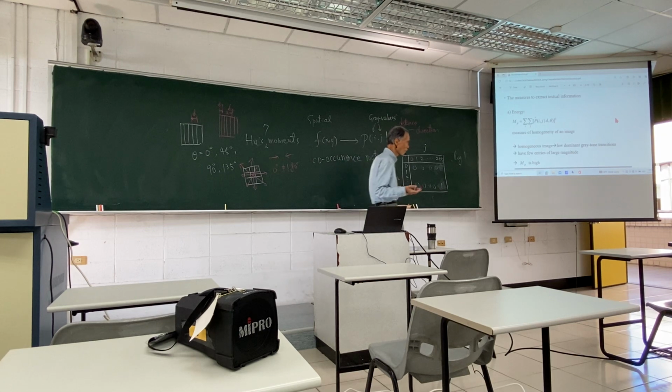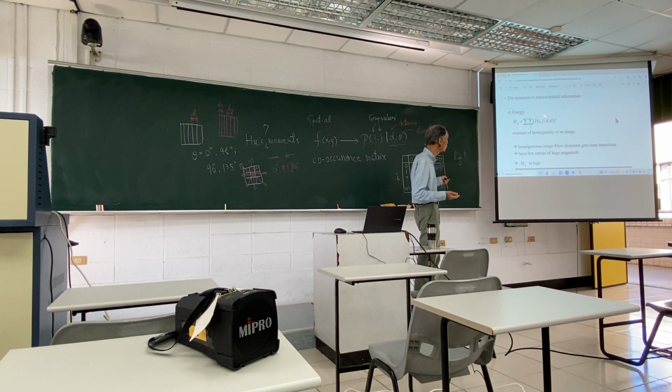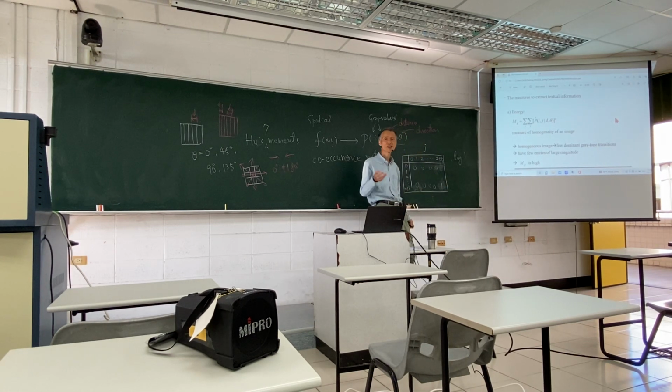Again, for this white wall here, the energy, because we take the square, most of the values will be 1 here, and the square of 1 is still 1. What about the energy for the white ceiling?